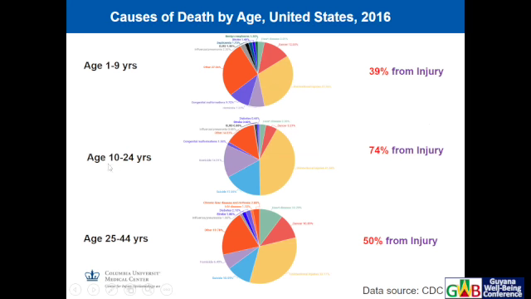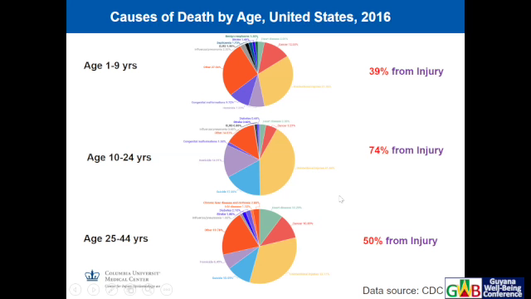And for those aged 10 to 24 years, almost 3/4 of the mortality results from injury. And even for the young adults, injury alone causes half of the total mortality. So that's why injury is the leading cause of death for people ages 1 to 44.